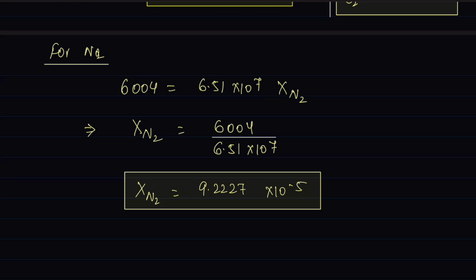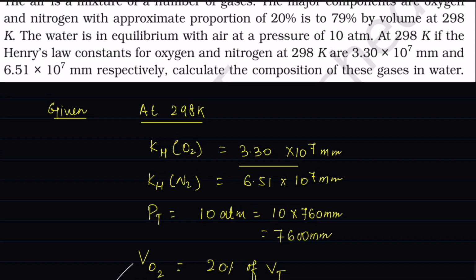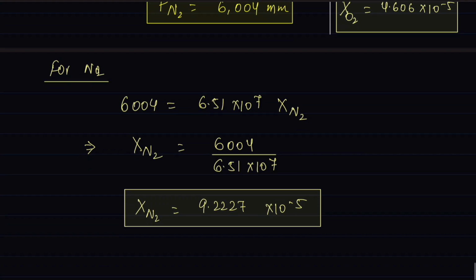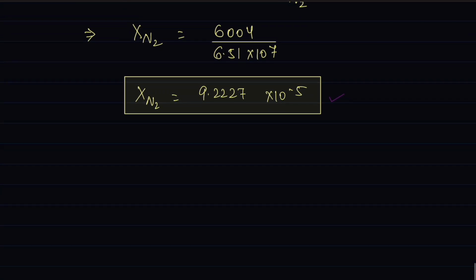And in the question we have to find the percentage composition of both the gases. So we already know the value of mole fraction. So what is the total mole fraction? The total mole fraction is equal to the O2 mole fraction plus N2 mole fraction.